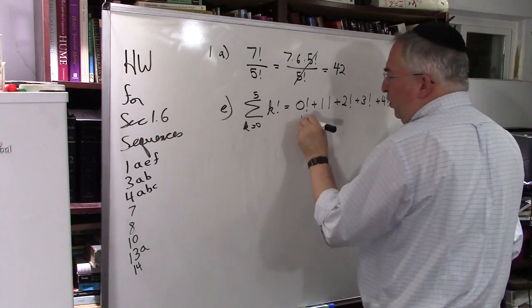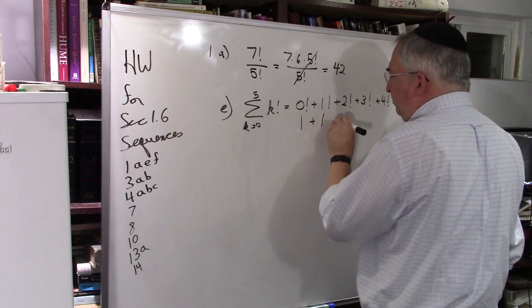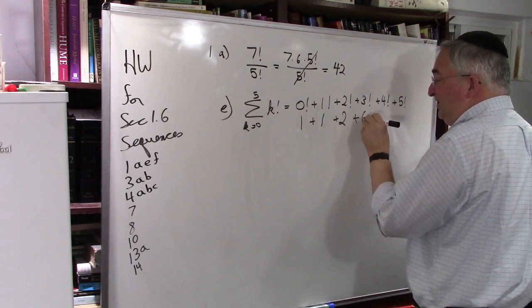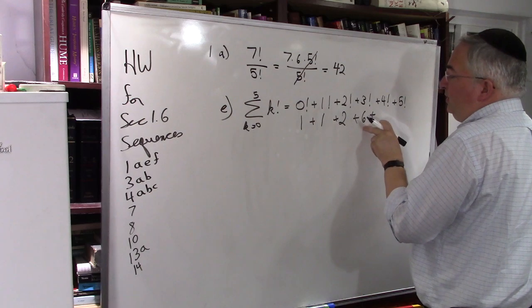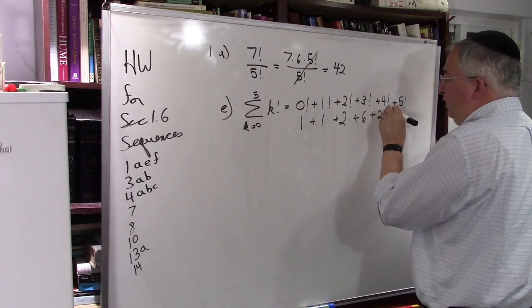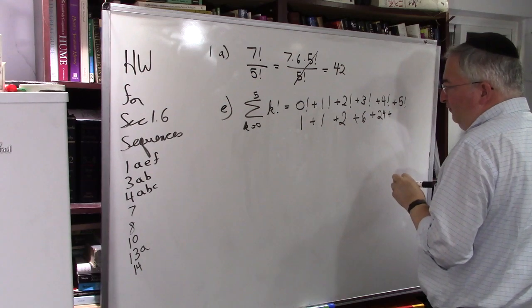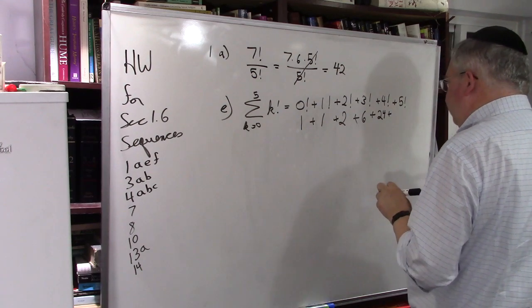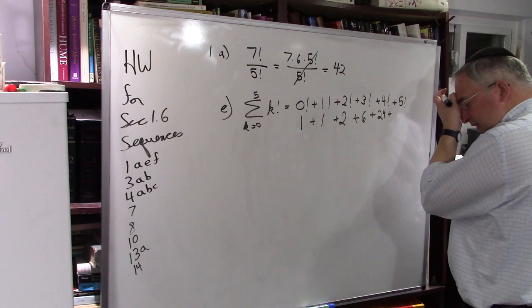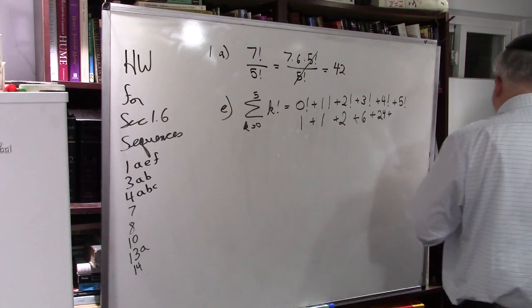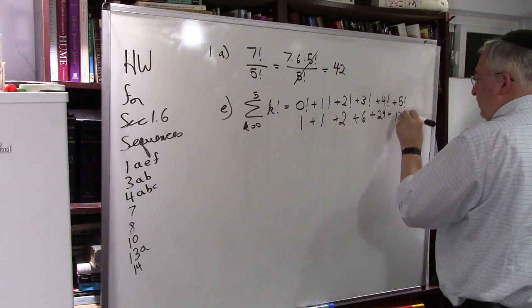So this is 1 plus 1 plus 2, 2 times 3 is 6, plus 6 times 4 is 24, plus 24 times 5 is 120. I think it's 120.